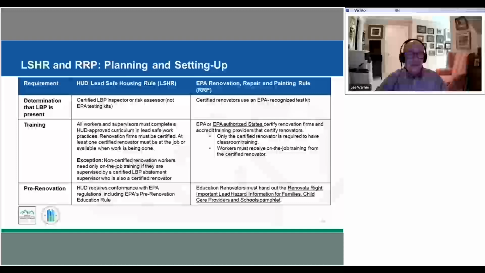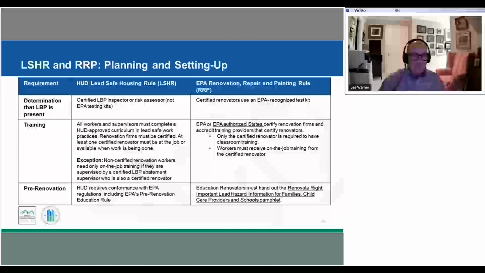We need at least a certified renovator on the job and available when the work is being done. We could have non-certified renovation workers getting on-the-job training if there's an on-site supervisor who is a certified lead-based paint abatement supervisor and also certified as a renovator. This is our flexibility, but these requirements are a bit more stringent than under the EPA.